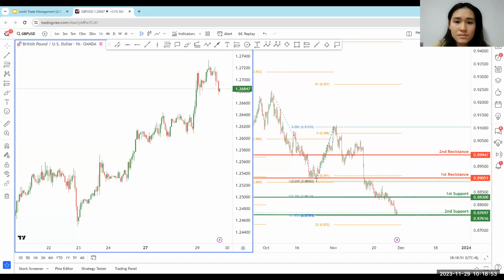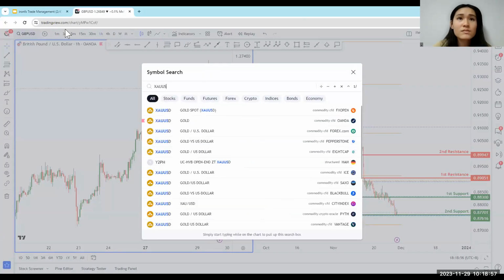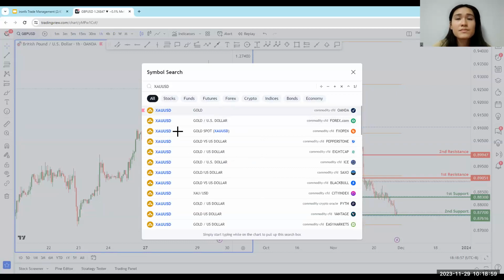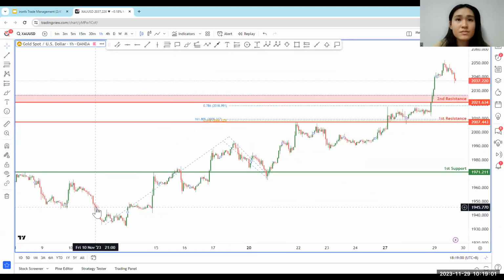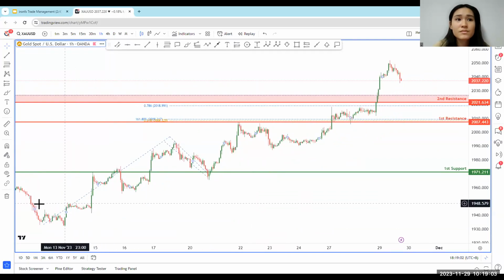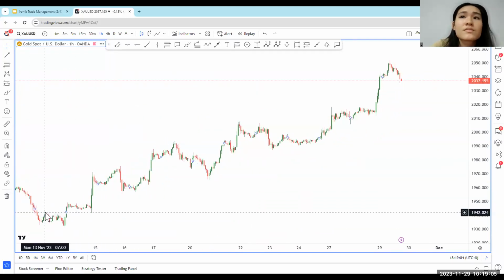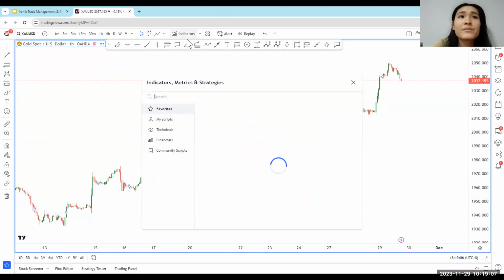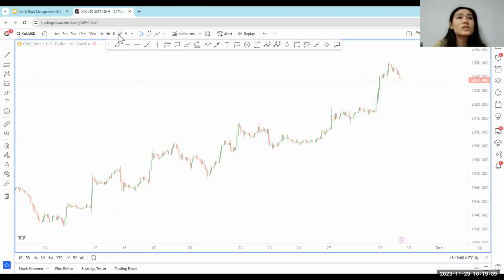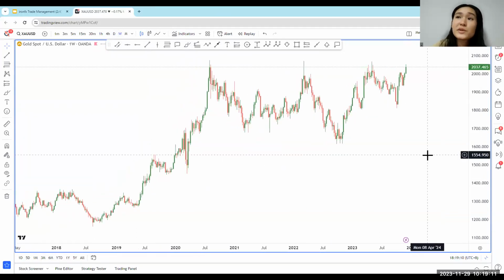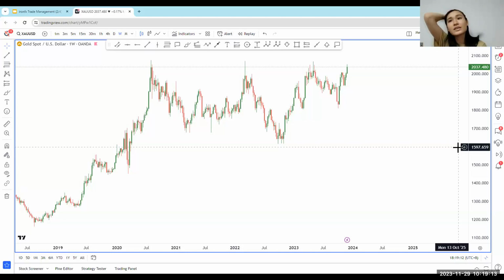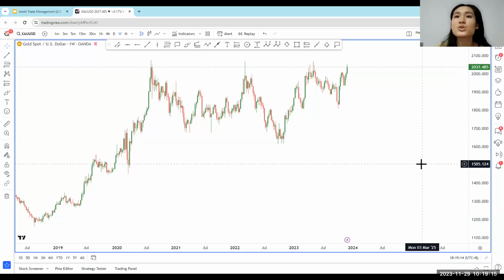Okay, let's go ahead and take a look at gold first. As per usual, I like to look at the higher time frames first so that we get an idea of where prices are headed.